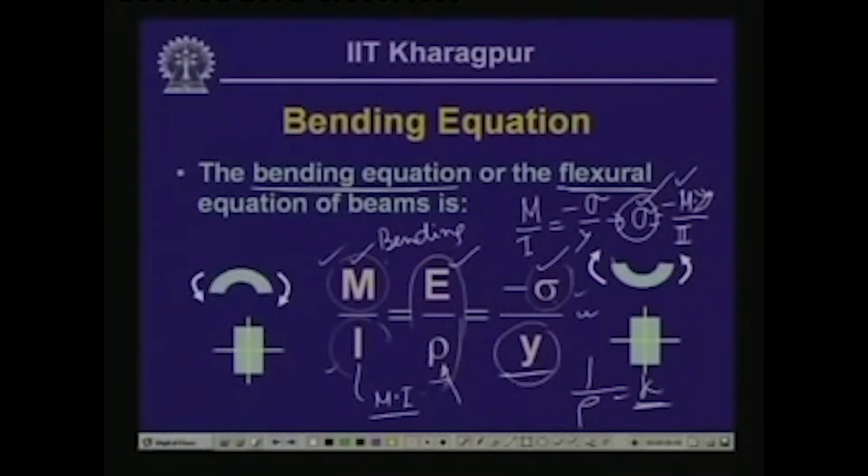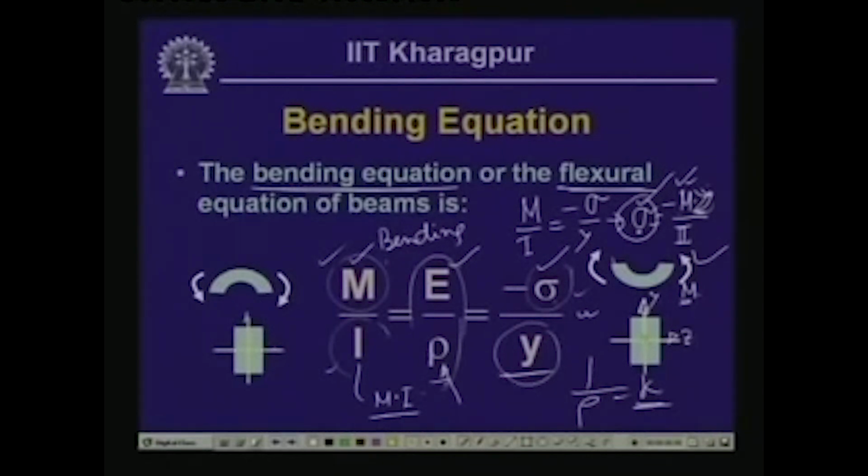So, now the question is, when we have this bending moment as positive, as we have assumed in this particular derivation, that this is a positive moment corresponding to this kind of configuration. When this is positive, then if y is positive, the stress is negative. y is positive when we are talking about the upward direction, this is y and this is z.